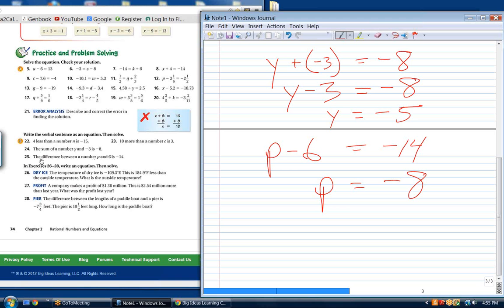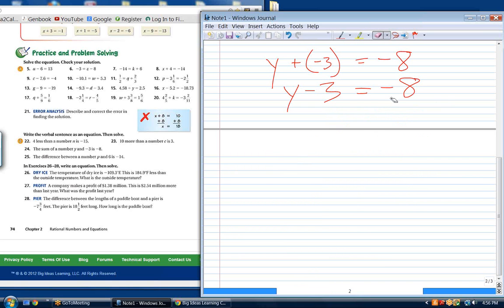So the way we did it is correct. But notice that when I say the difference between two numbers x and y, that can be x minus y or it can be y minus x. So unless I specifically say p minus 6, you don't really know. I don't really want to throw that monkey wrench in there, but it's not helpful to you at this point.